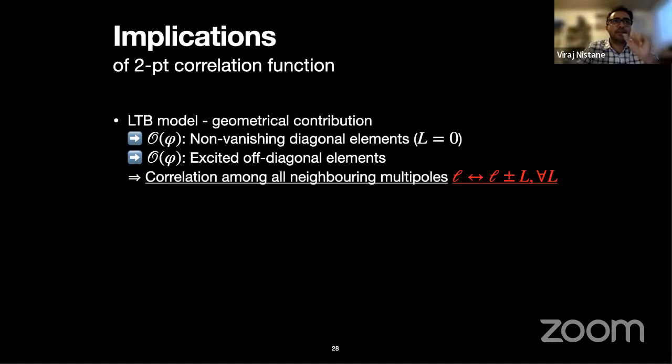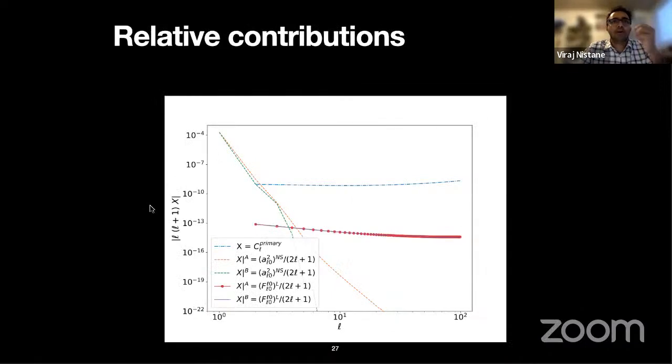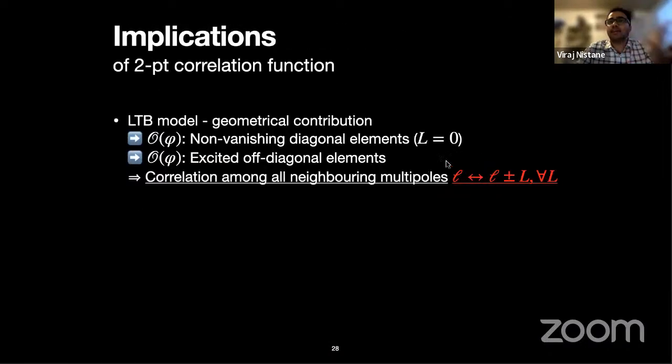Here, at linear order in lensing, where phi represents lensing, we have non-vanishing diagonal elements of the correlation matrix and also excited off-diagonal elements. With the structure of the correlation matrix that we saw here, we can see that there exists correlation between every neighboring multipole, so we can say that L is correlated with L plus or minus capital L, for all values of capital L.